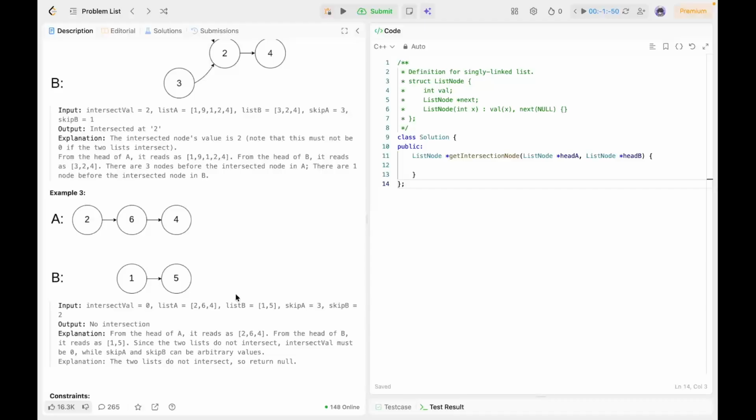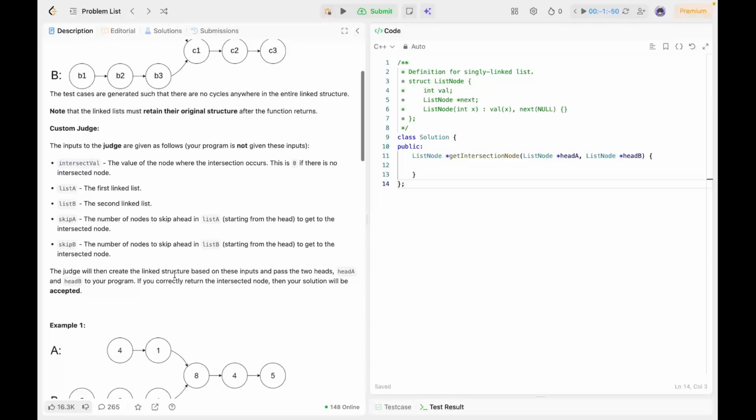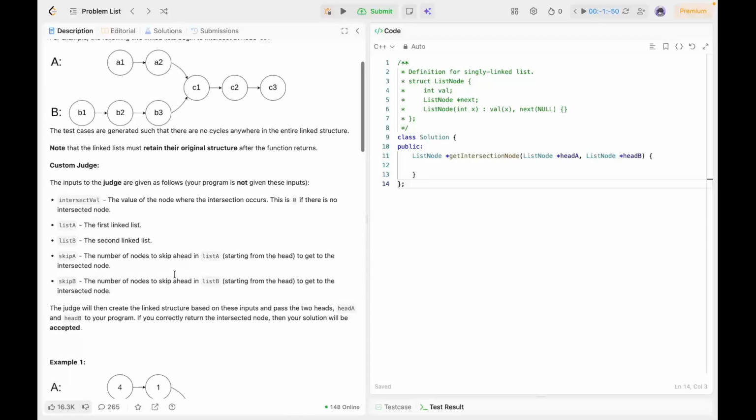So now you've got the problem statement, but how will you solve it? I will give you a trick to solve this problem.